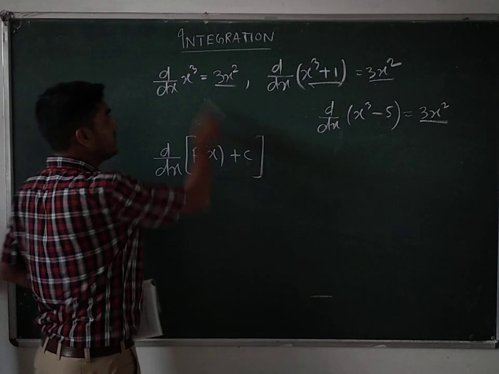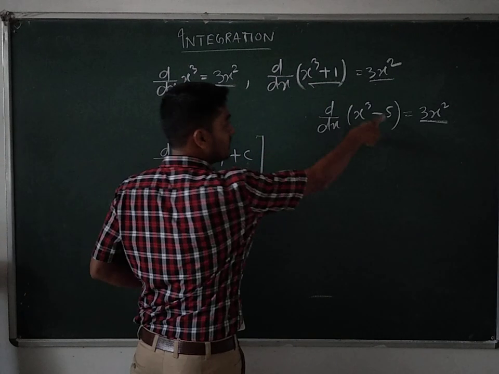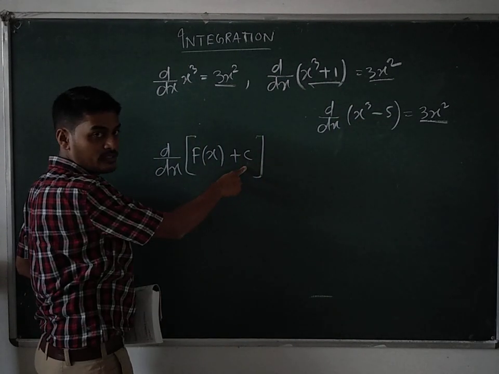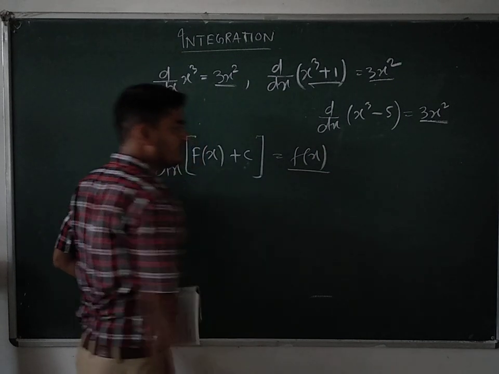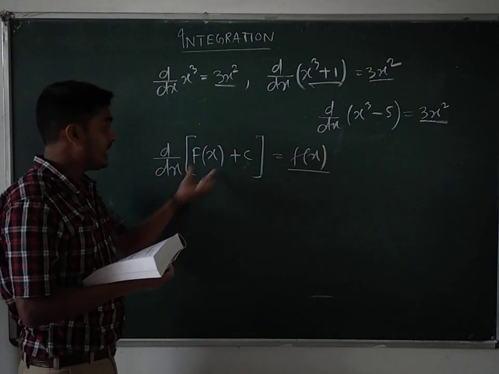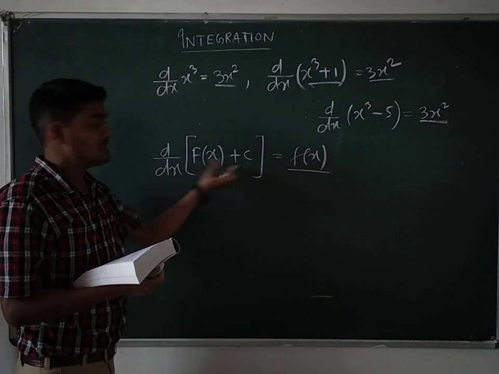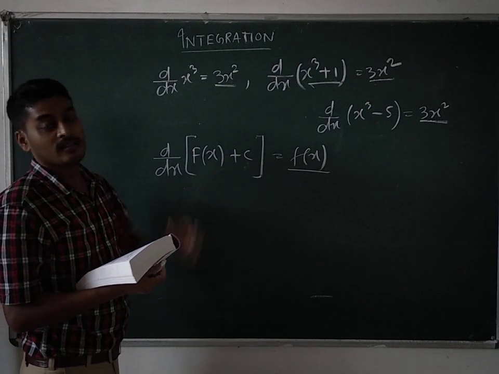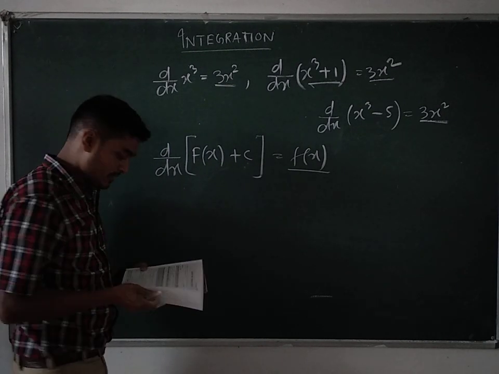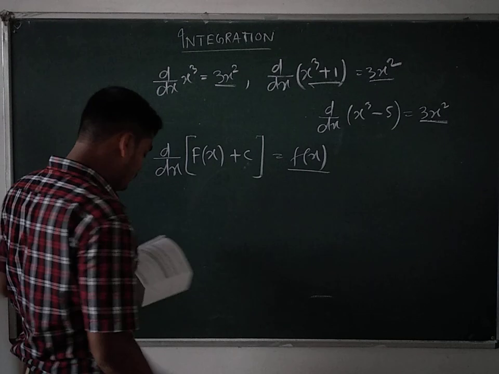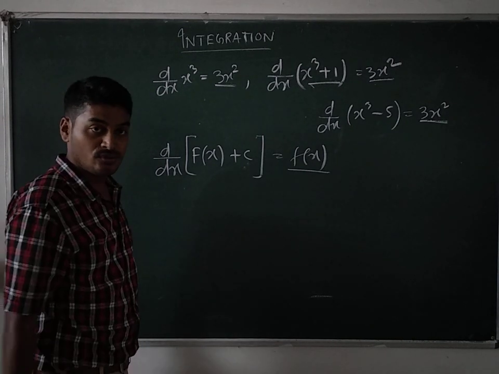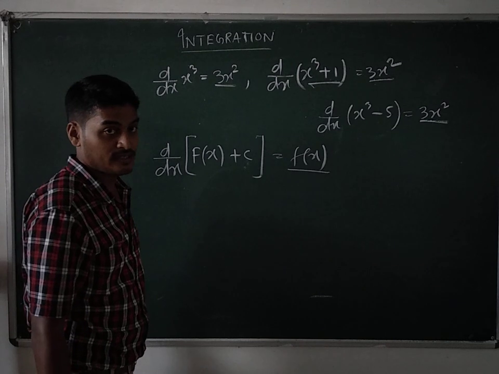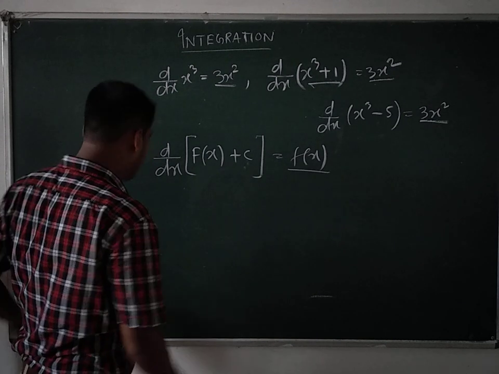Am I correct? c is any constant quantity: here it is 0, here it is plus 1, here it is minus 5. For one derivative there are infinitely many antiderivatives; if you give different values of c, you get the corresponding antiderivatives. And this antiderivative is always represented by a symbol.